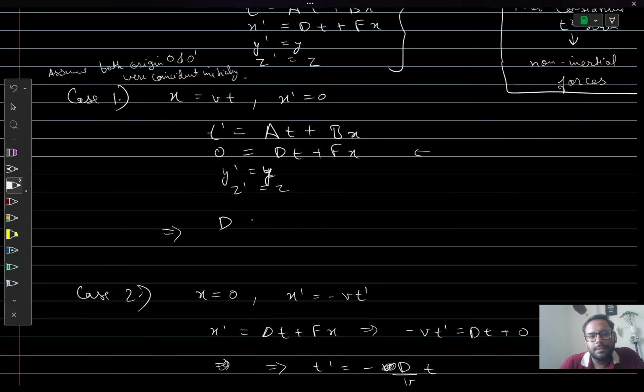In this case dt will be equal to minus of vx, which is also equal to minus of vt, because we have the x coordinate as vt. So now you can cancel out the t part, and you will find that d is equal to minus fv. This is the first relation.